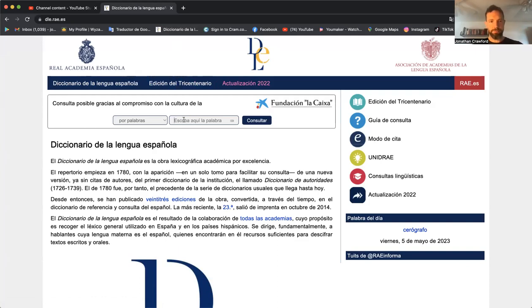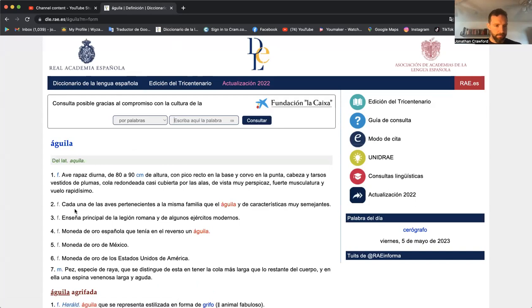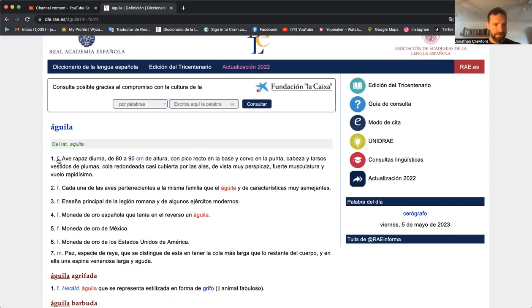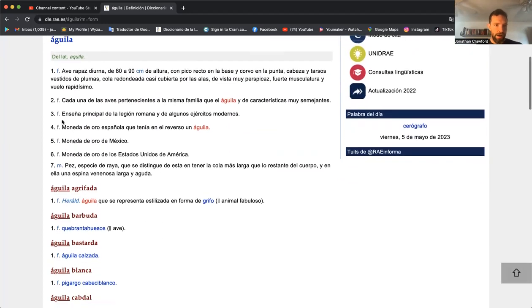And you can look this website up and type in a word like águila, for example. Águila. It says right here, it's feminine. Nombre femenino, ave rapaz diurna. And so it goes into describing what kind of a bird it is, 80 to 90 centímetros de altura, etc. And it has a few other definitions as well.